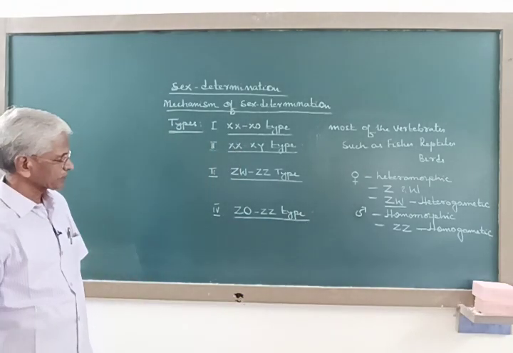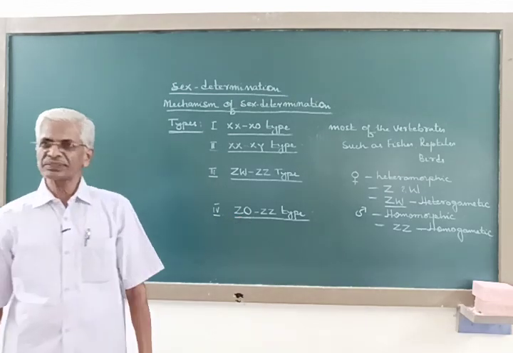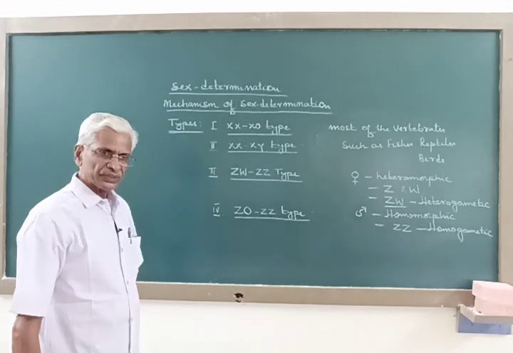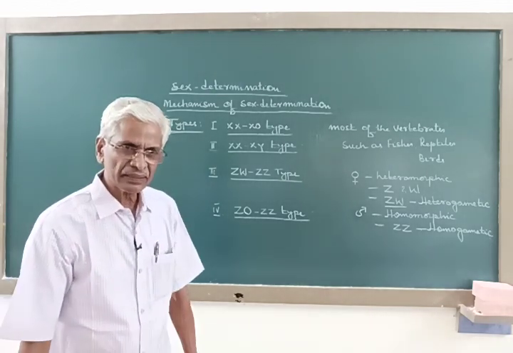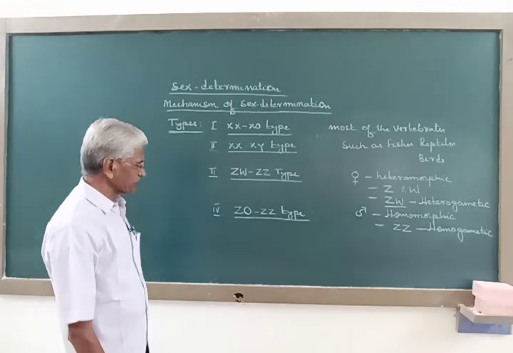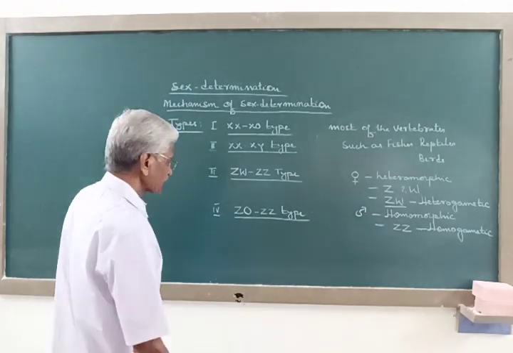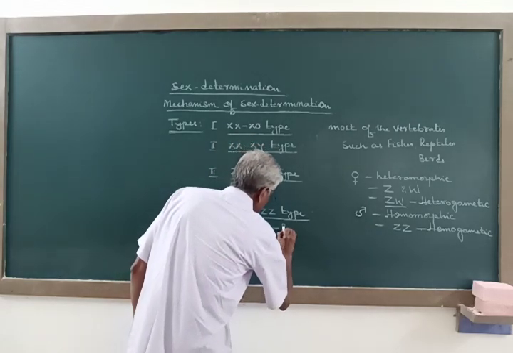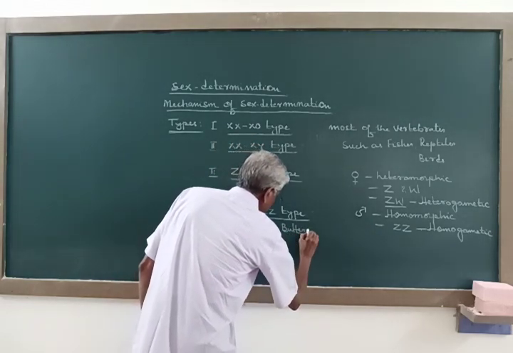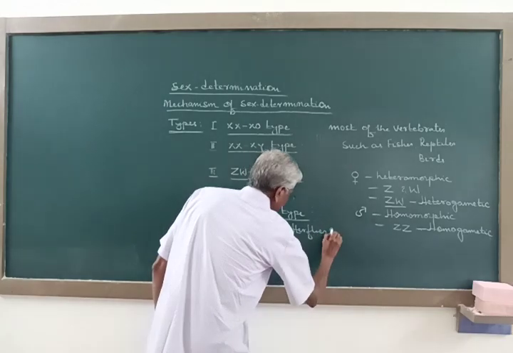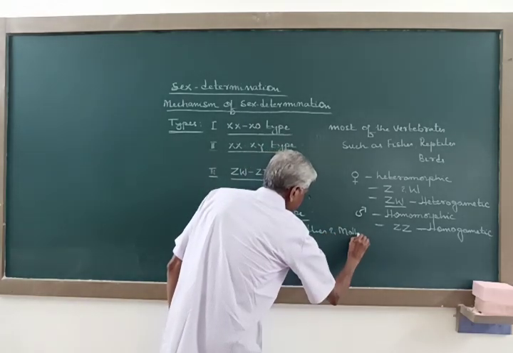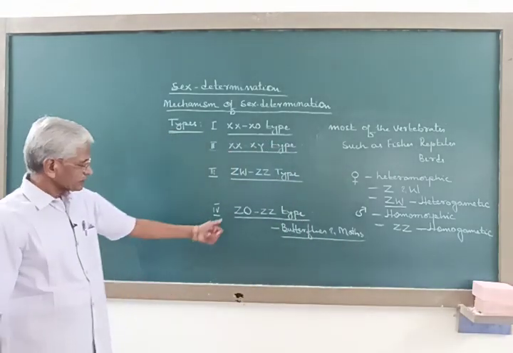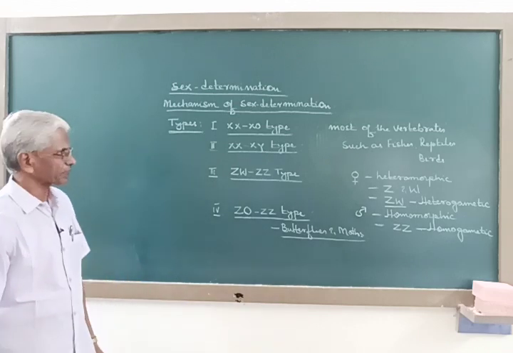This type of sex determining mechanism occurs in certain insects, such as butterflies and moths. Butterflies and moths have this sex determining mechanism, ZO-ZZ type.